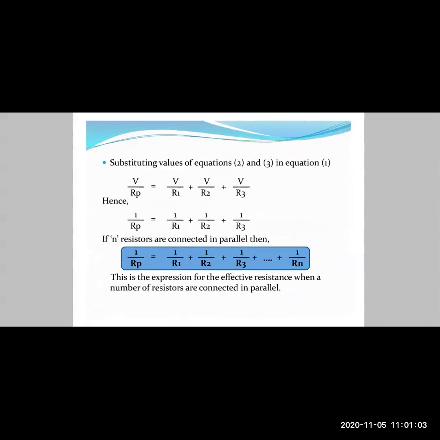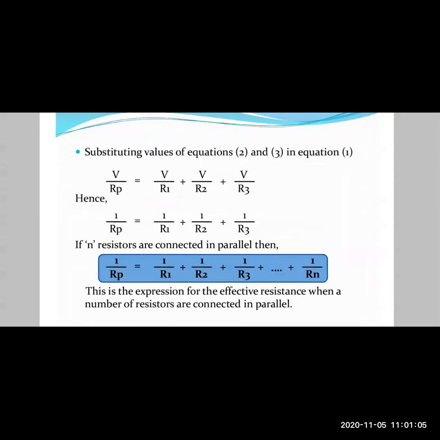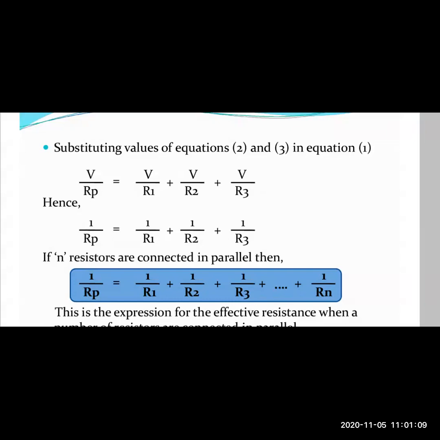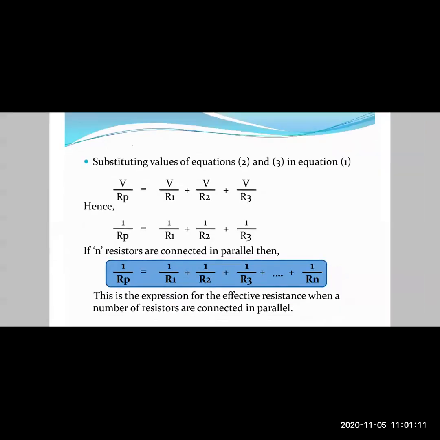If you rearrange, the equation becomes V by Rp equals V into 1 by R1 plus 1 by R2 plus 1 by R3. If we take V common, then V on the left hand side and the right hand side will get cancelled off. So what we are left with is 1 by Rp equals 1 by R1 plus 1 by R2 plus 1 by R3, right?